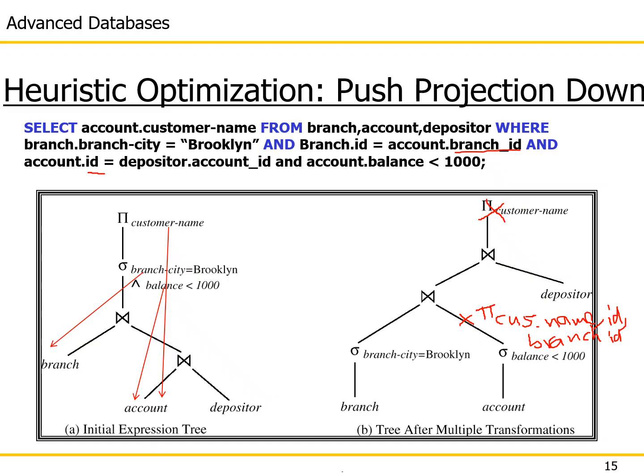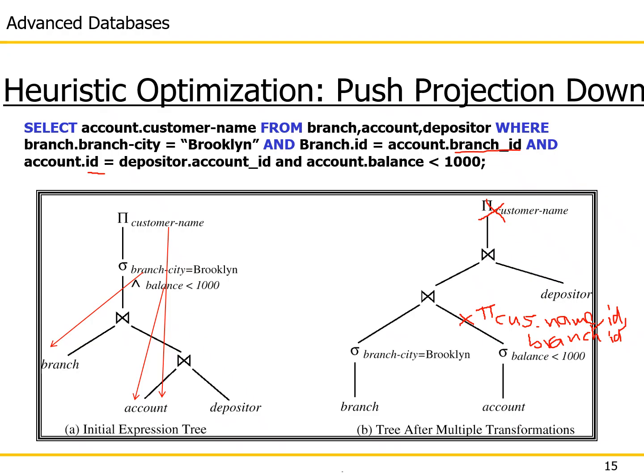And this is an important issue because at any point in time, the database engine could be executing many SQL statements at the same time, at the same instance, and you need to be as conservative as possible in your memory usage. And this actually is the case when you consider only the columns that are of interest, which are the ones being projected and the ones used or required for the join.